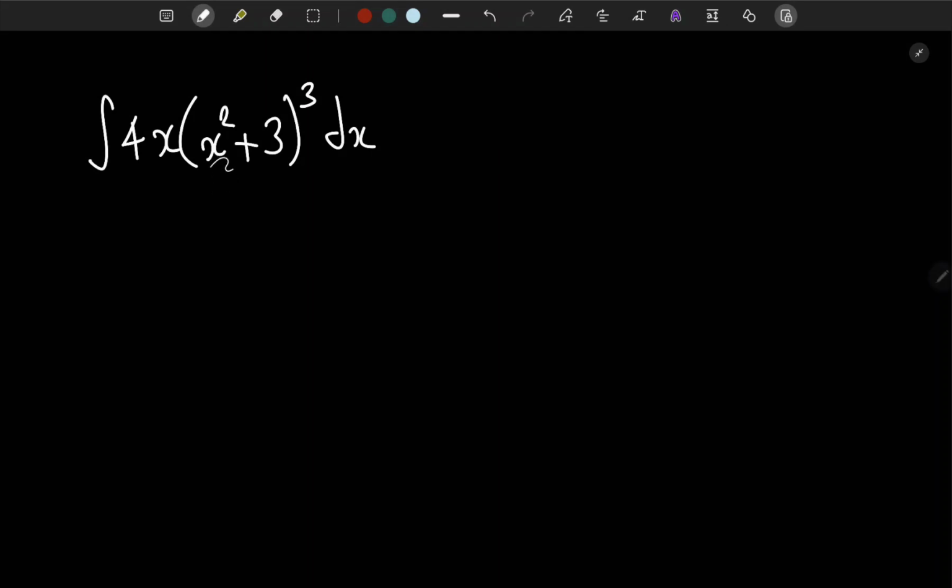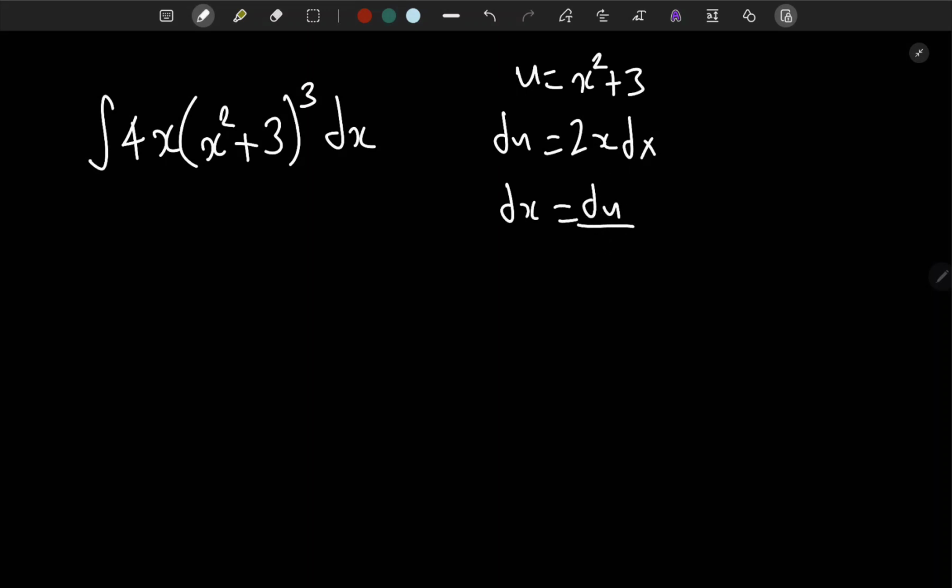So we can see that we have in the brackets x squared plus 3, so let's take U to be x squared plus 3, and if we differentiate both sides, we'll get du is equal to 2x dx. Once we rewrite this, we get dx is equal to du over 2x, and we can notice that we can use this to cancel out the 4x over here, so that will work out.